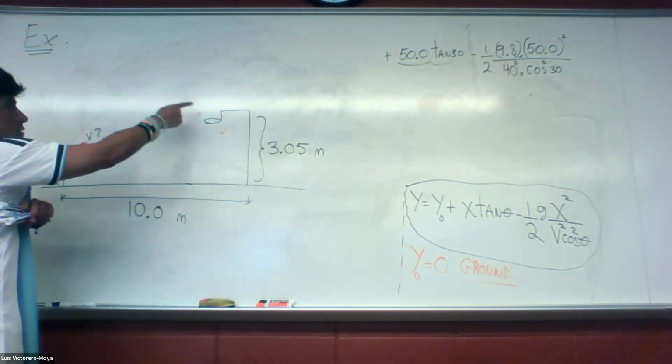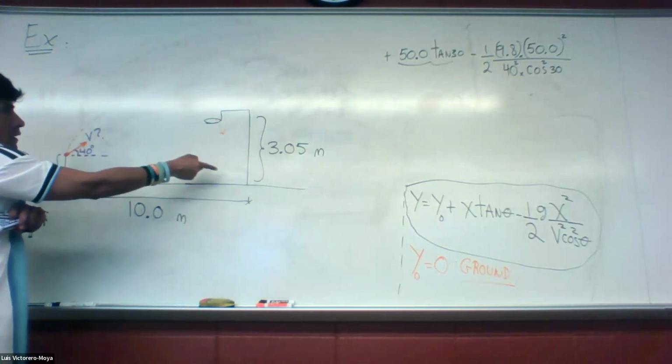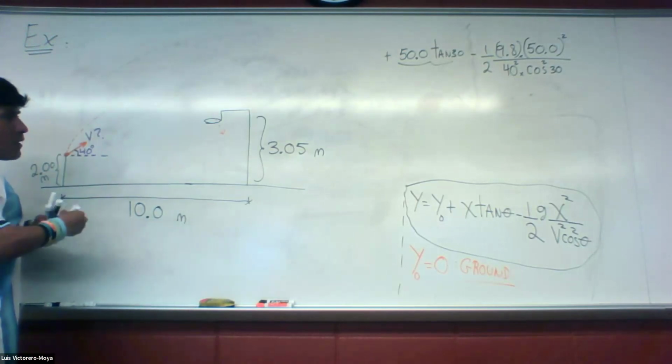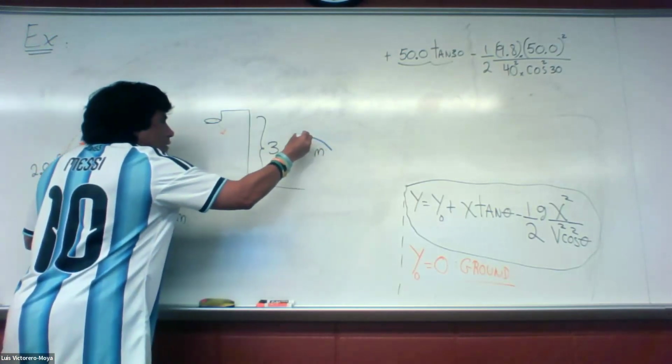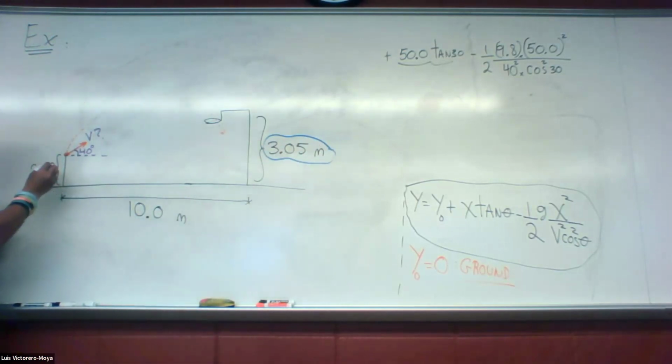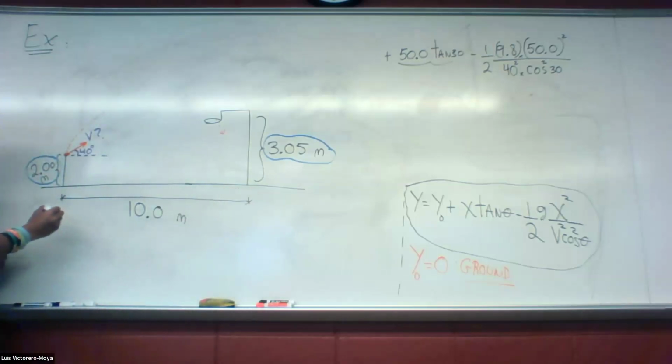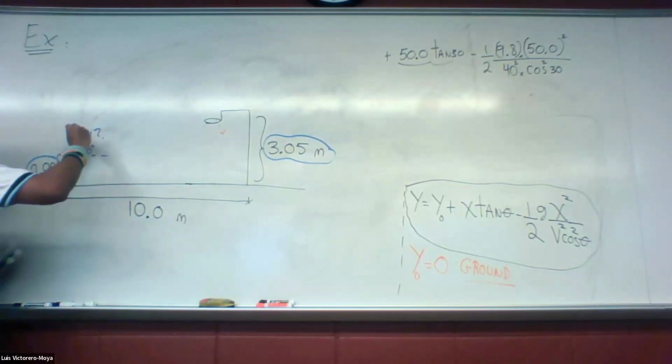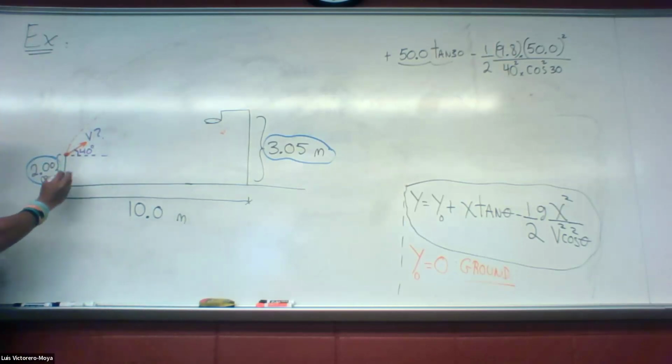Again, it's a parabola, right? But now you're given y. You know how high it has to go. You do have this though, and you have this. Now, my parabola starts from here. So it goes from a given height.